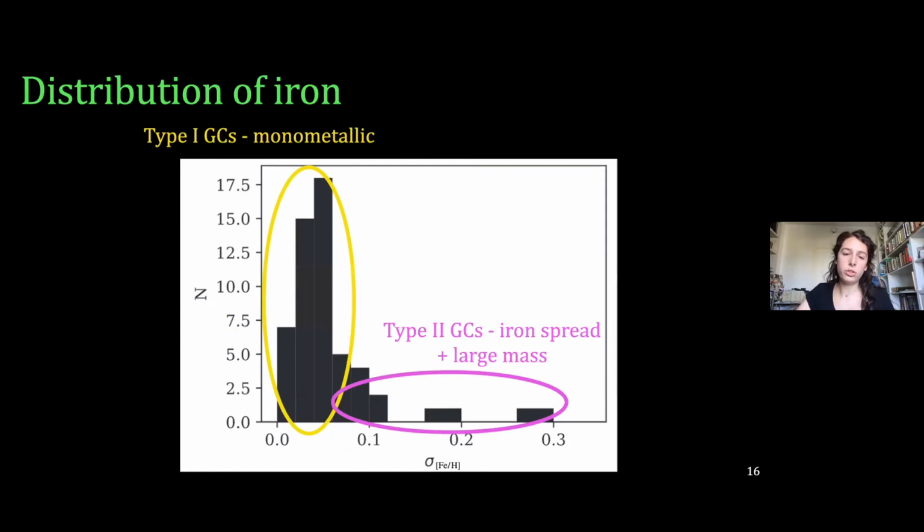Coming to the chemistry, just for definition, globular clusters can be divided into two subclasses. Type 1 globular clusters make up the bulk of globular clusters, and they are monometallic. But there is also a small subclass known as type 2 globular clusters that show an iron spread, and they also have a very large mass.